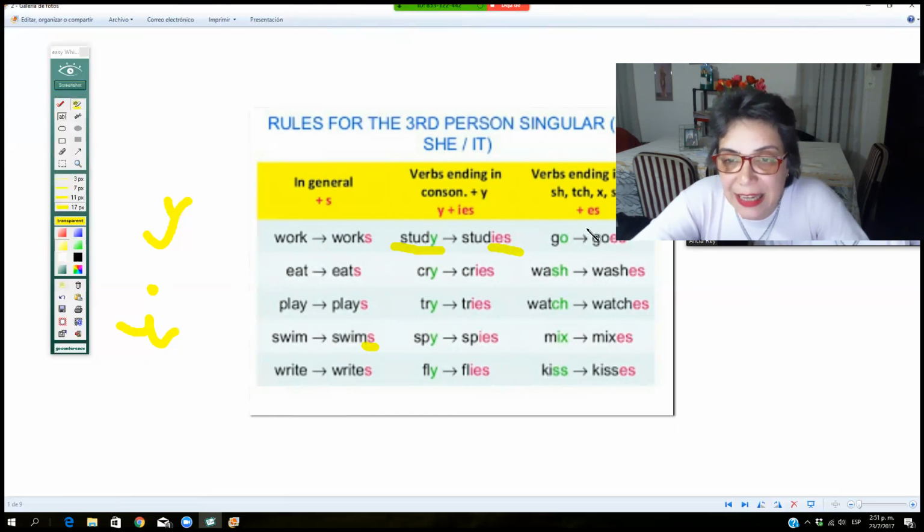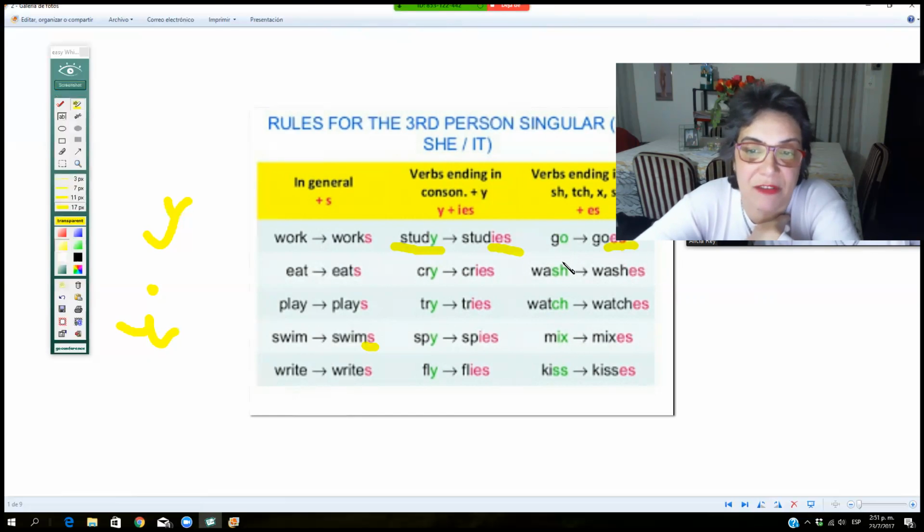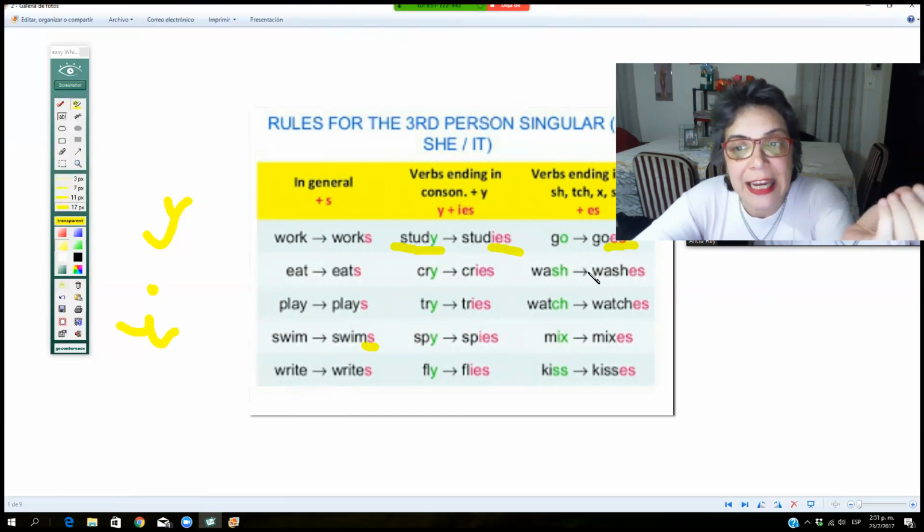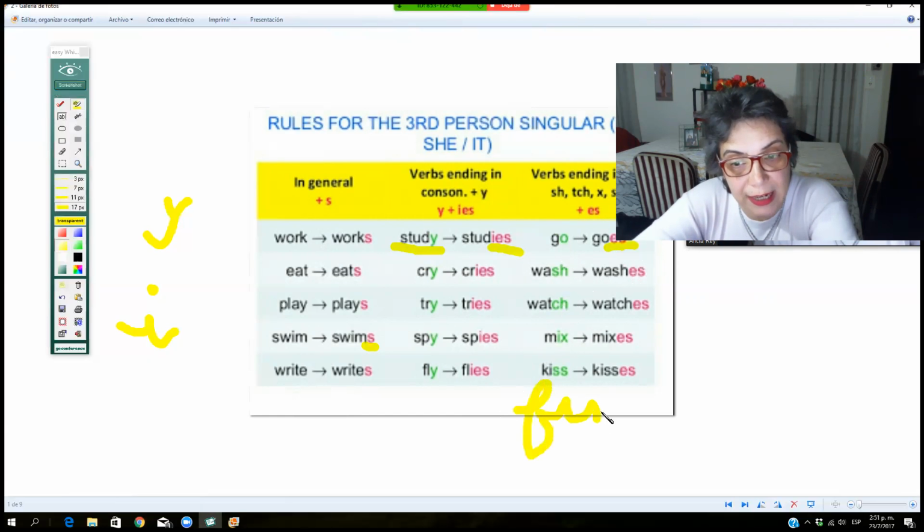So in these cases, the rule is not only to add the letter S, but also the E before the S. So I go to the cinema every Saturday becomes she goes to the cinema every Saturday, or he goes to the park when he finishes, another verb that could be written here, finish.